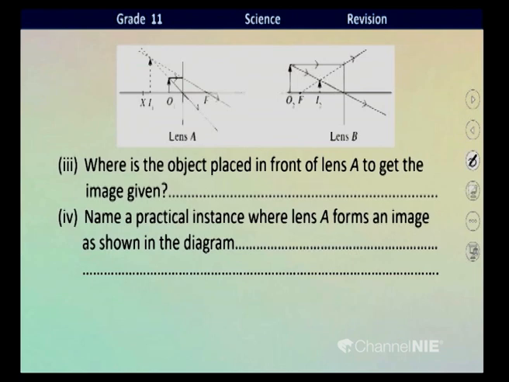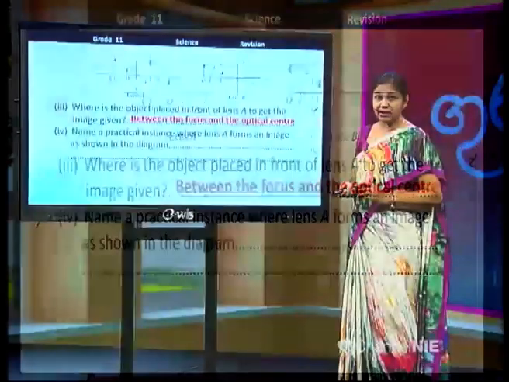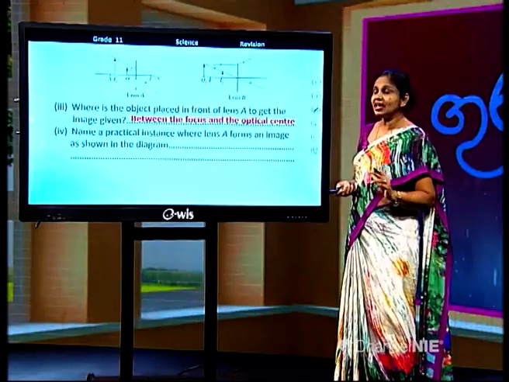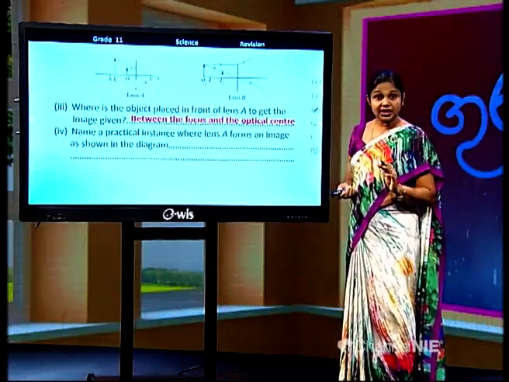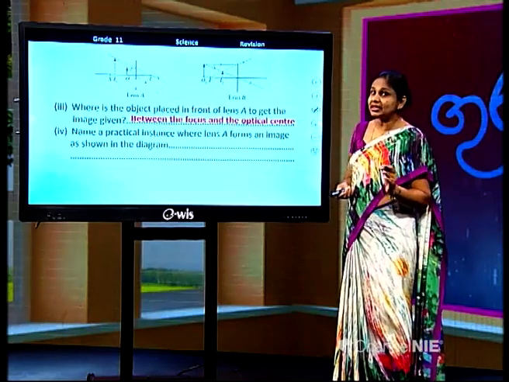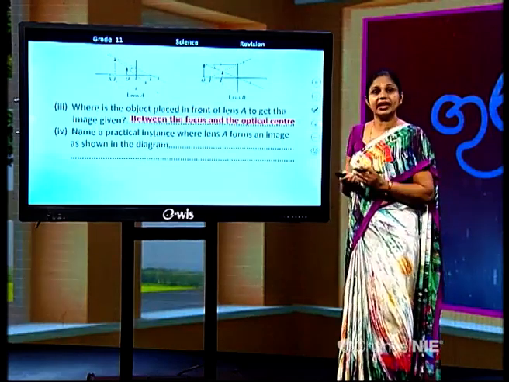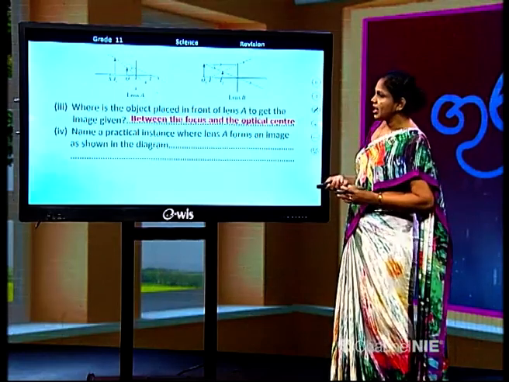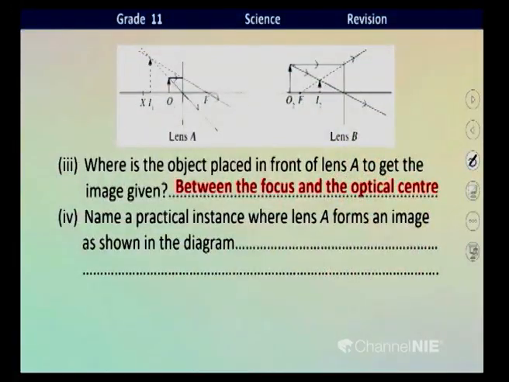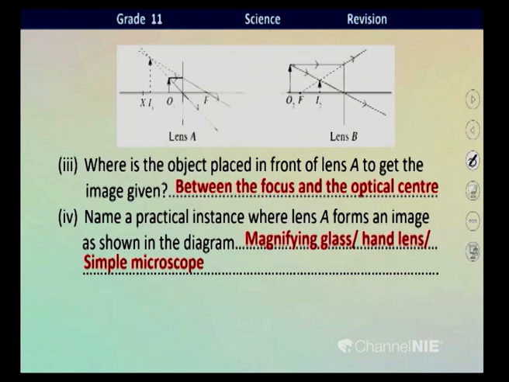Therefore, the object must be placed in between the focus and the optical center of the lens. Right, children? Then, name a practical instance where lens A forms an image as shown in the diagram. The practical instance is, as I told you at the start, the magnifying glass or hand lens, also called a simple microscope.